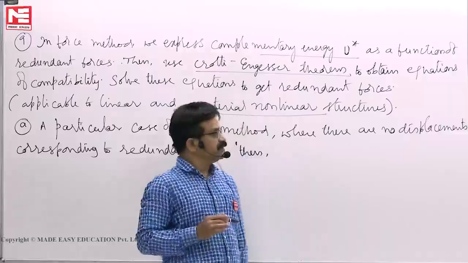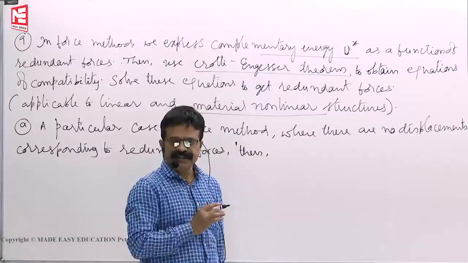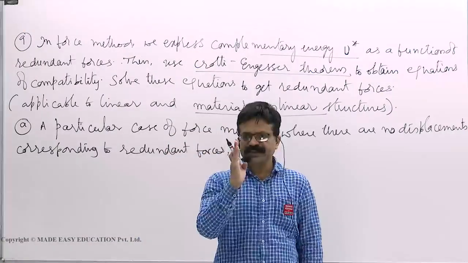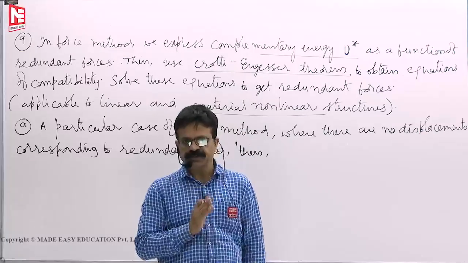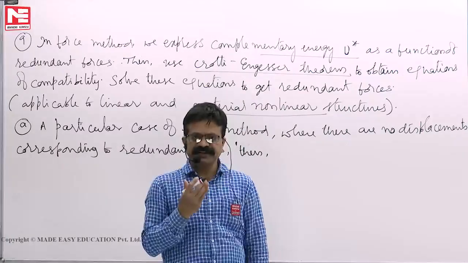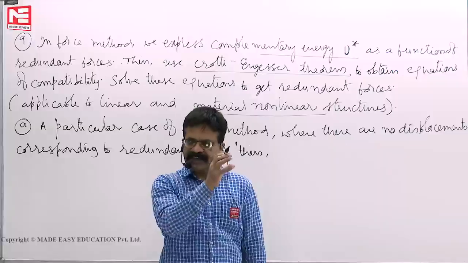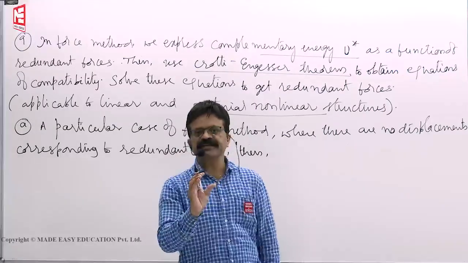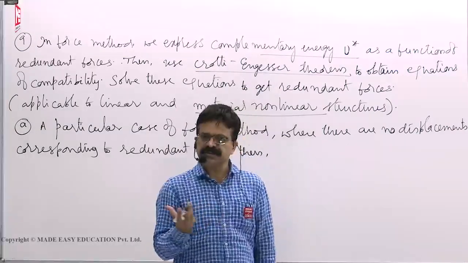When will that happen? If you are taking a support reaction as a redundant force, then you write the complementary energy. If you differentiate the entire energy with respect to that redundant reaction, what is the value? It should be 0 only.